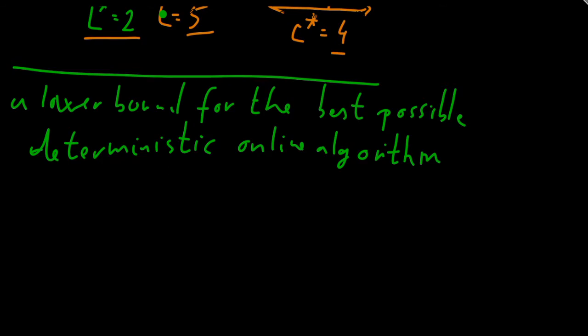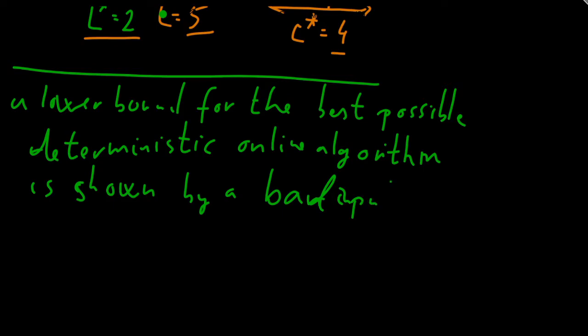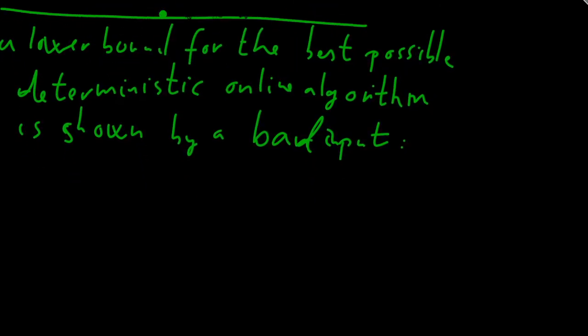we usually create bad enough inputs, and this is again the same situation, shown by means of a bad input. And again, similarly as before, I will give you two inputs, one being the prefix of the other input, and an algorithm will behave badly either on the first or on the second input.